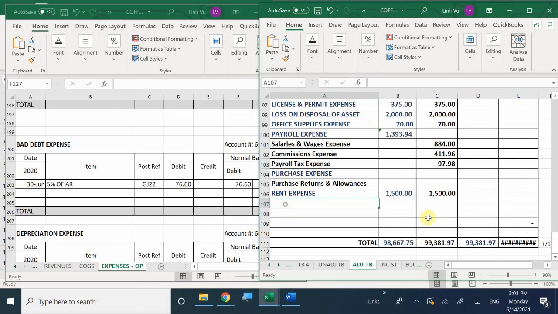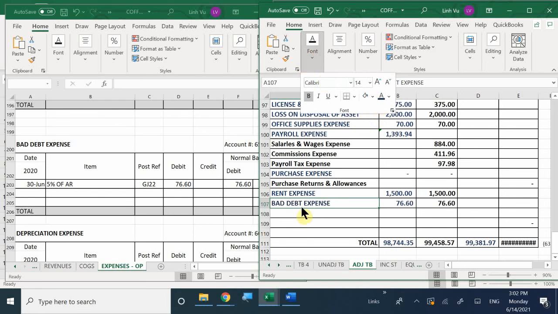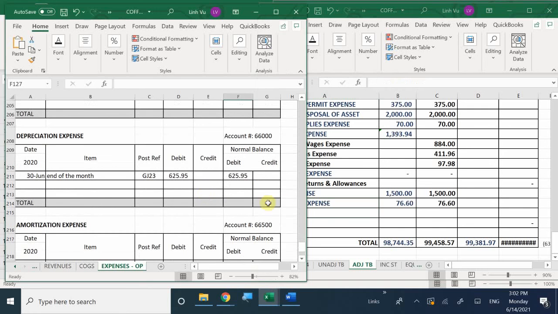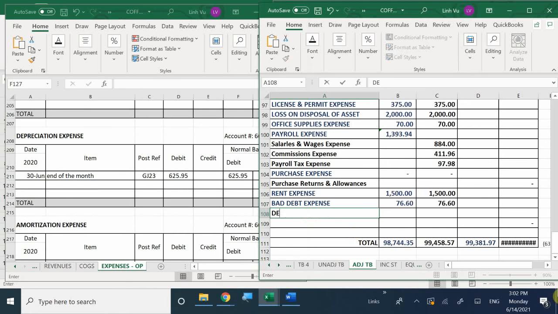So once again, we have bad debt expense, $76.60. We have depreciation expense, $625.95.